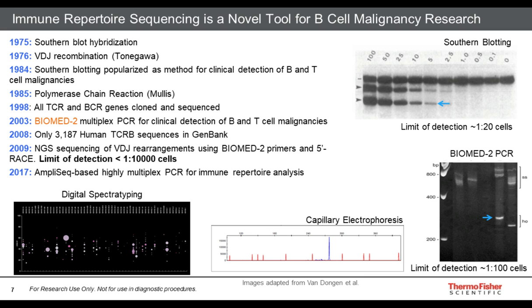And you'll note that actually relatively recently has the field been applying next-generation sequencing to analyze receptor rearrangements. This was done initially with 5' RACE and Biomed 2 primers. And here it was demonstrated that this approach could achieve a limit of detection less than 1 in 10,000 cells. Now, the last point on this timeline, 2017, we introduced primer sets using AmpliSeq-based technology for immune repertoire analysis.